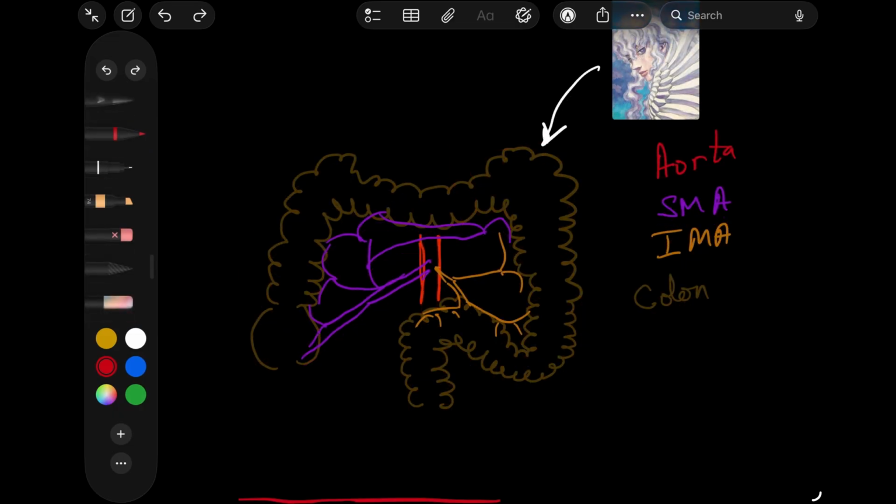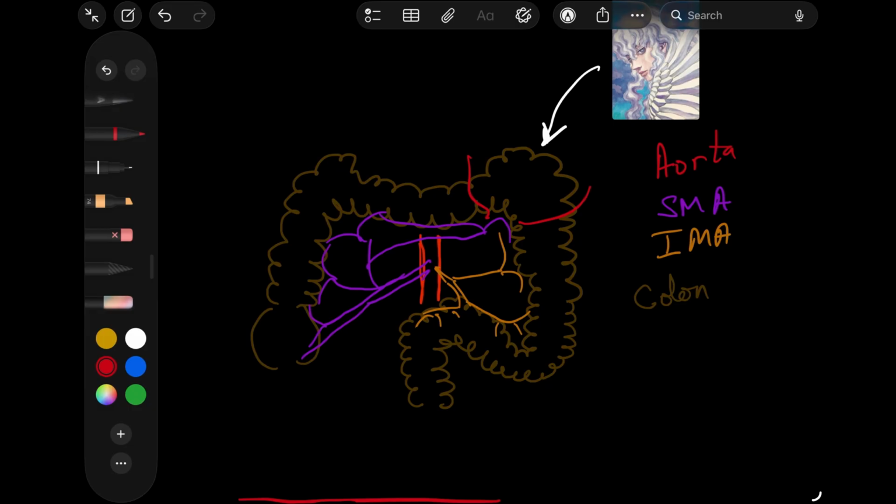So what are watershed areas? Watershed areas are basically areas that sit on the border of two arteries and so get the least reliable blood flow. Now, over here at the splenic flexure, because the spleen is typically present over here, right? This sits at the border of the superior mesenteric artery and inferior mesenteric artery.